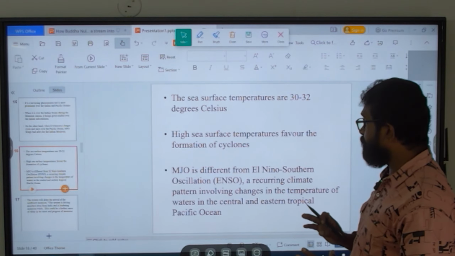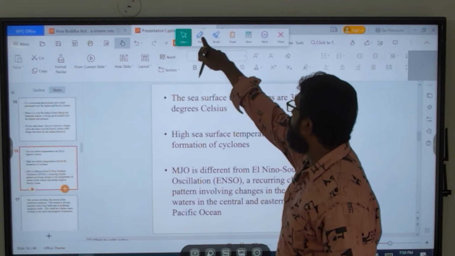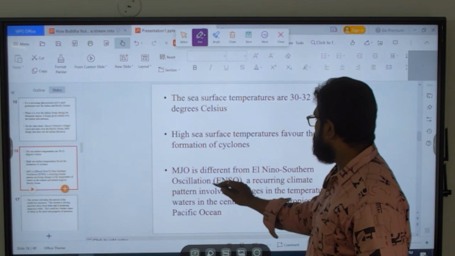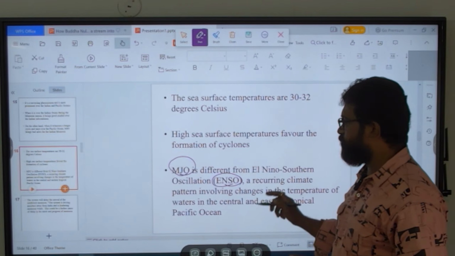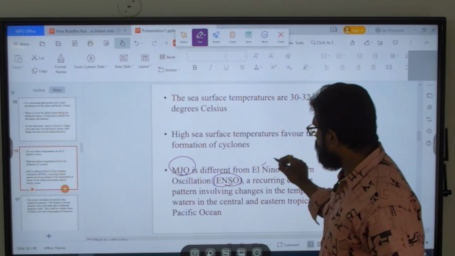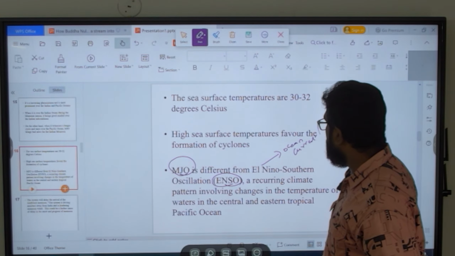Look at one more thing. There is a difference between El Nino, that is called ENSO, El Nino Southern Oscillation, and the Madden-Julian oscillation. Look at here, El Nino is a local ocean current.